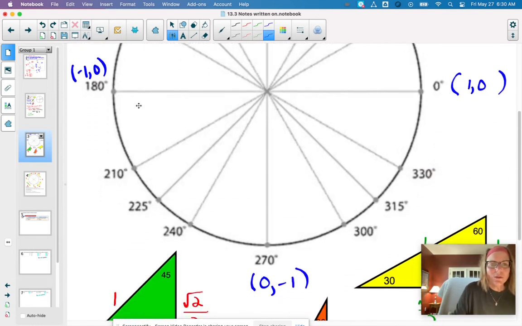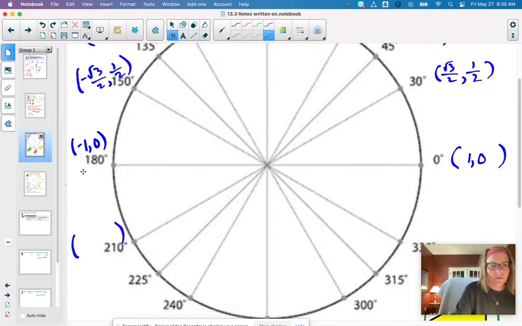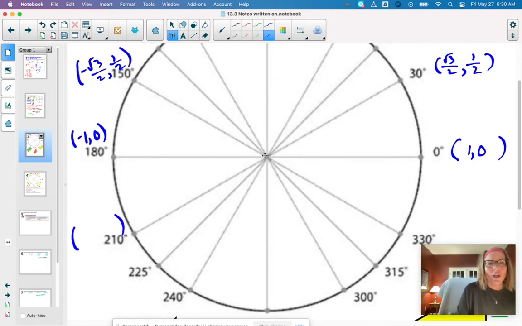And we continue in the same manner. So at 210, now both of them are negative, x and y, because we're going to go to the left root 3 over 2 and down 1/2.